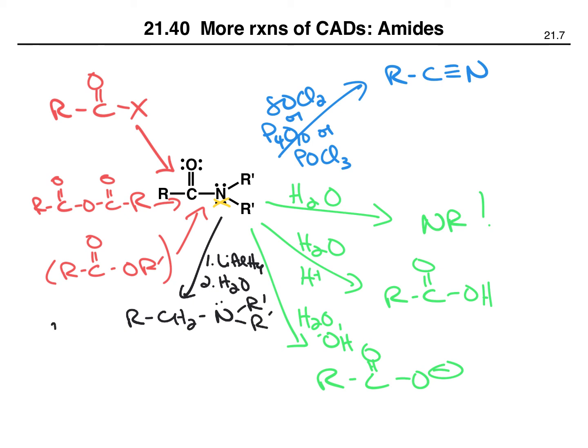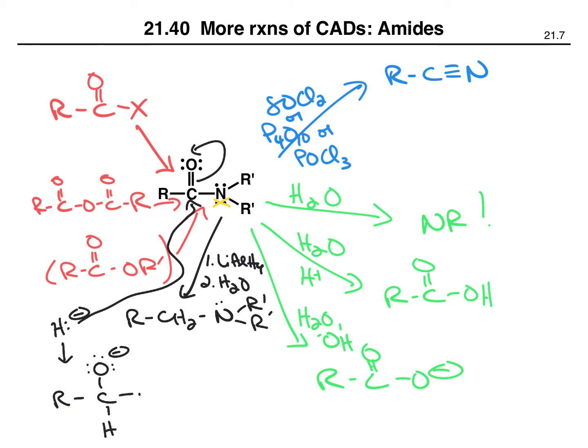So the hydride acts as a nucleophile, shares electrons with the carbon, pushing these electrons up, and that gives us an intermediate that looks like this, where this oxygen is going to be complexed to an aluminum species, and then this nitrogen can share electrons with the carbon, pushing away oxygen to bond with the aluminum species.